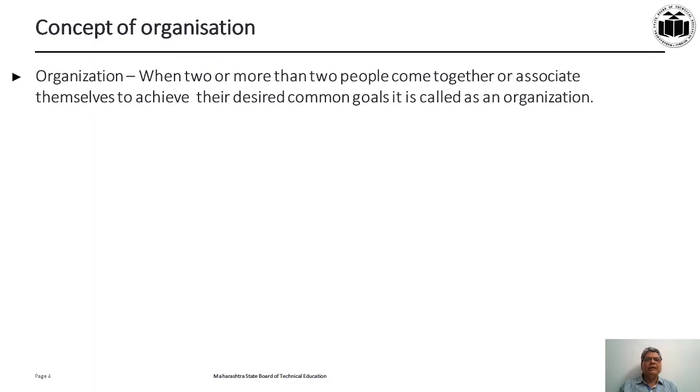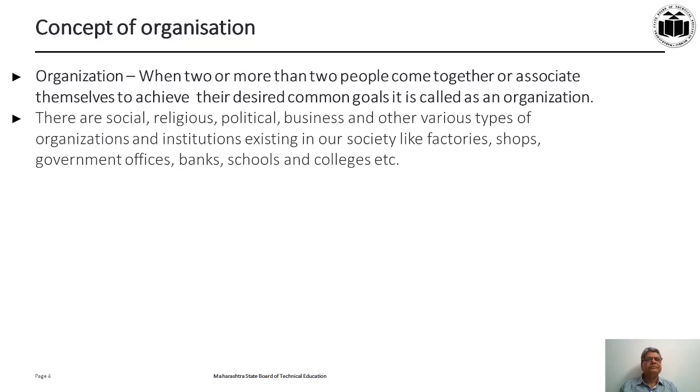Now we have already defined what an organization is: when two or more people come together or associate themselves to achieve their desired common goals, it is called an organization.